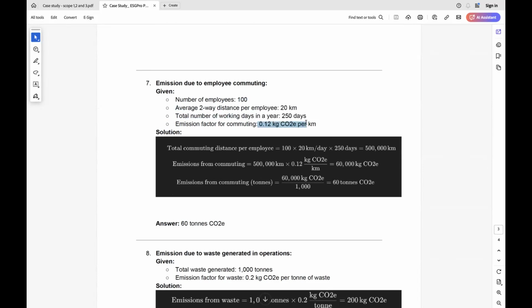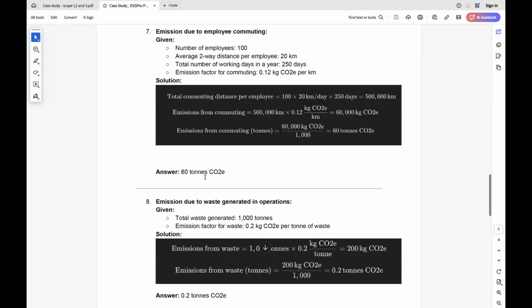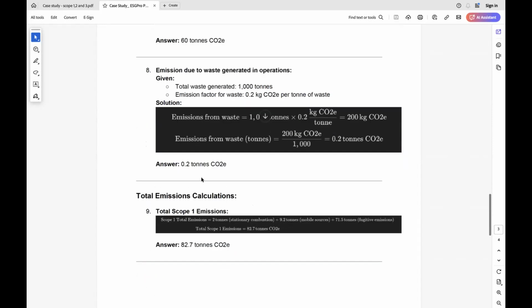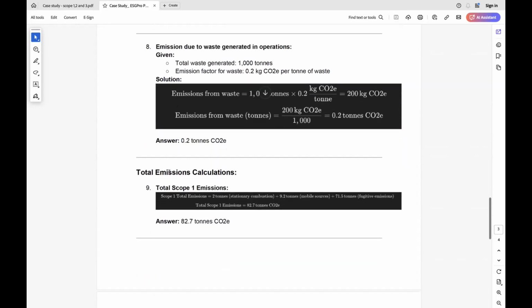And then we have an emission factor coming from different sources. Again, you multiply those, you calculate 60 tons. Again, a large number. Then comes emission due to waste generated in operation. You have waste generated of 1000 tons, the emission factor is given in DEFRA. Take that, multiply it, and you have a number, 0.2 tons of carbon dioxide emission.